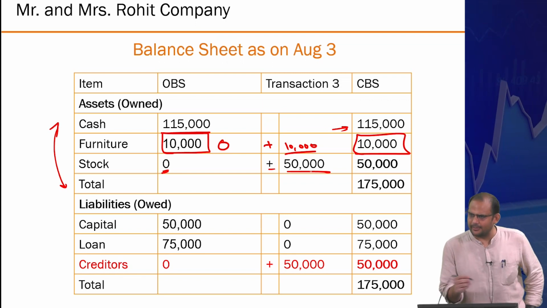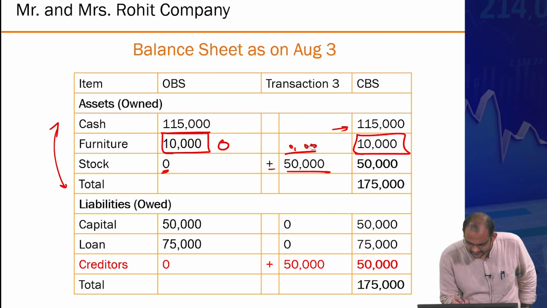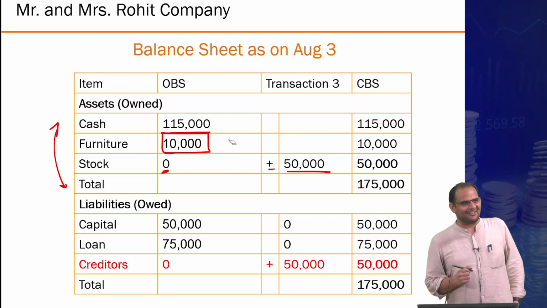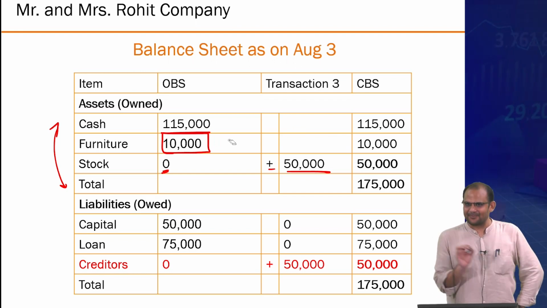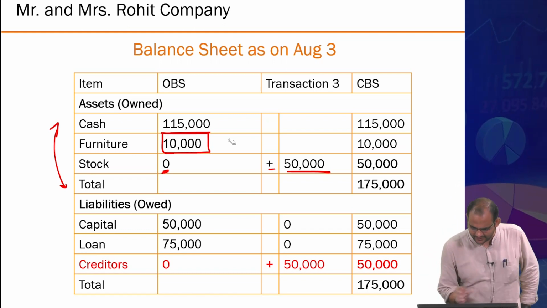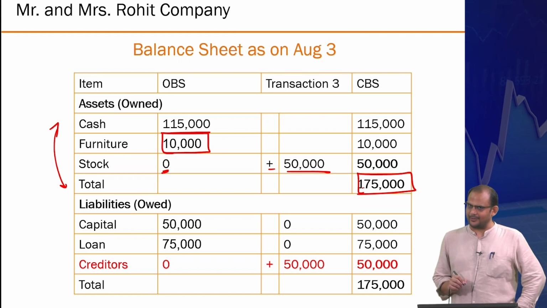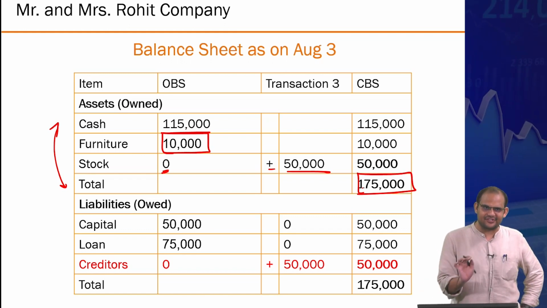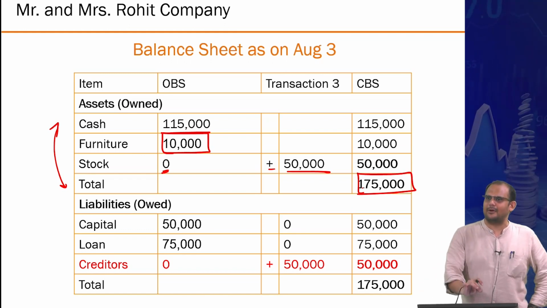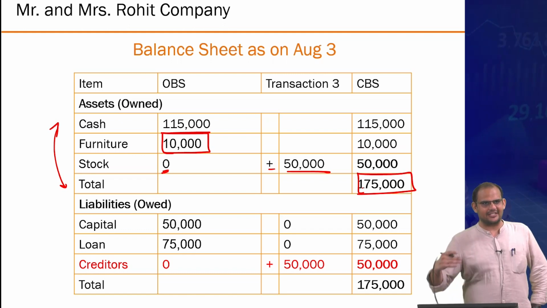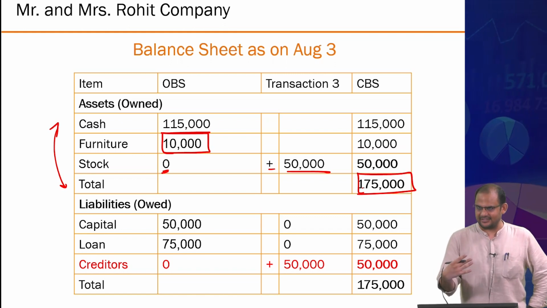No, furniture we already bought. Okay, sorry. I've done this example so many times, getting confused what's happening. Stock, 50,000 increases. Bricks is the total assets, it becomes 175,000 because there is no change in cash. If you would have just bought the amount using cash, the total liability would not change. It's just a simple convertibility transaction.